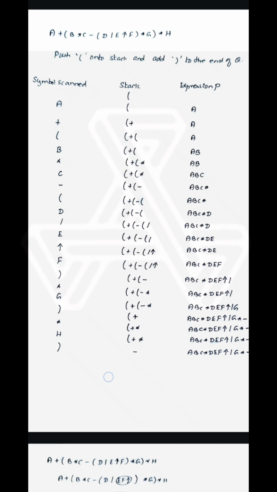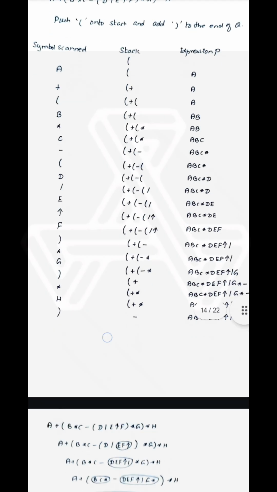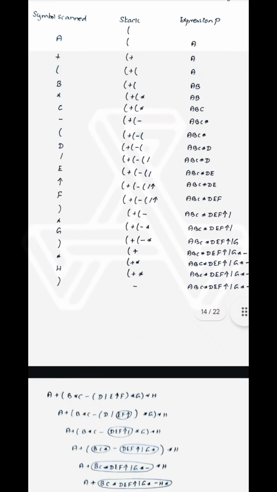Then comes F, then the bracket will be closed, then power, then slash, then bracket close. Then comes multiplication, minus. Multiplication is greater than minus, so it can be put onto the stack. Then comes G, then we kept G, then again bracket closed, so we popped everything.